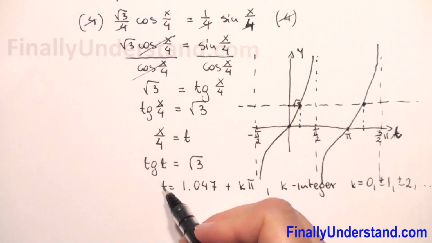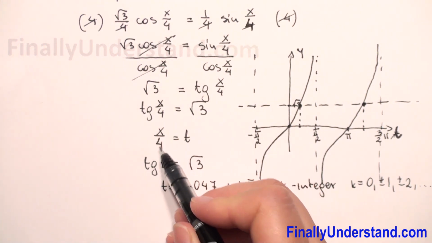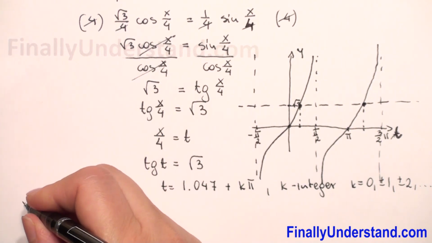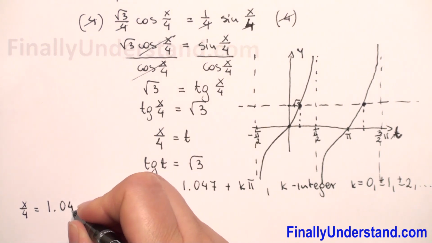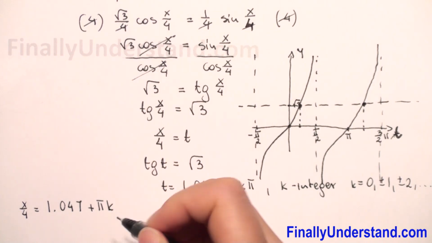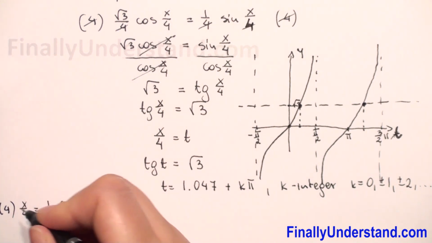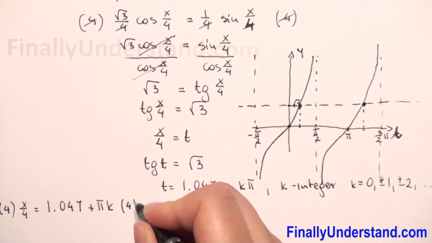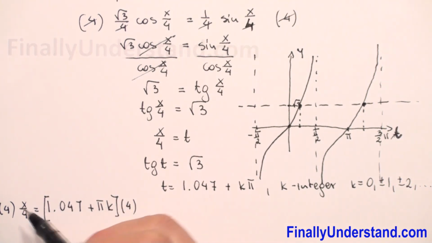So now we have to come back to our substitution. We have t equals x over 4. So x over 4 is equal 1.047 plus pi k. Now I will multiply both sides by 4 to reduce this 4. This whole expression I have to multiply by 4.